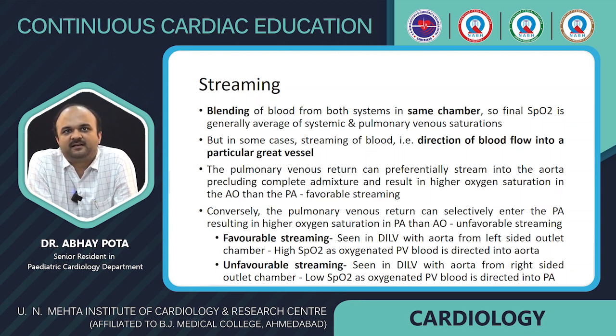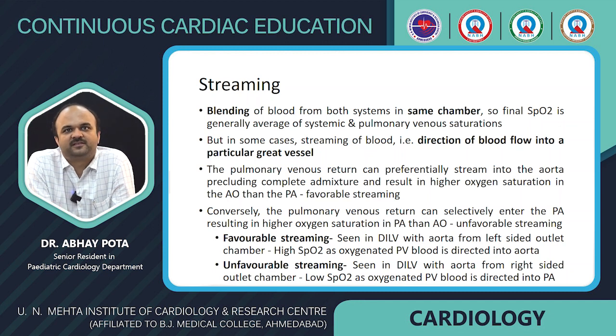The pulmonary venous return can preferentially stream into the aorta, precluding complete mixture and resulting in higher oxygen saturation in the aorta than the pulmonary artery, that is called favorable streaming. Favorable streaming is seen in DALV with aorta from a left-sided outlet chamber. High saturation, oxygenated pulmonary venous blood goes directly to the aorta, leading to increased saturations.